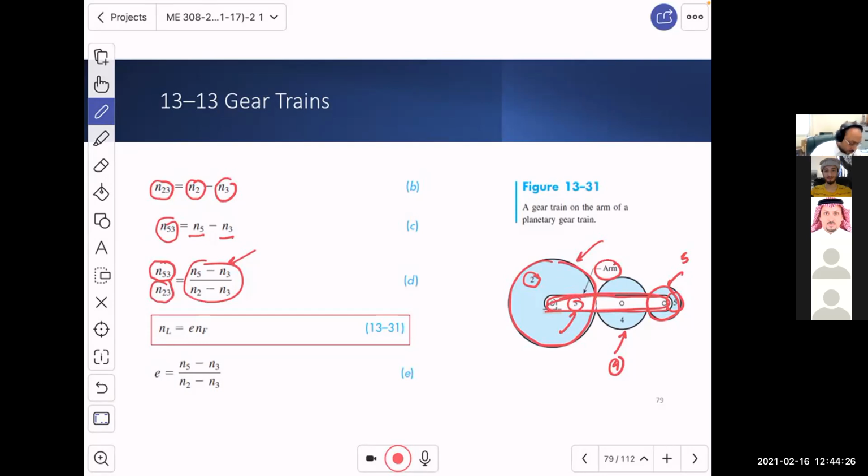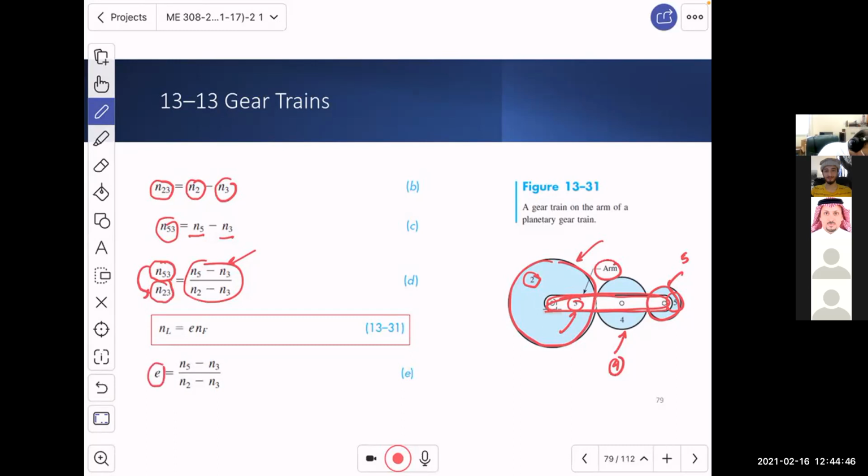So we can think of this as the RPM of the first and the last, which is the same as the gear train value.